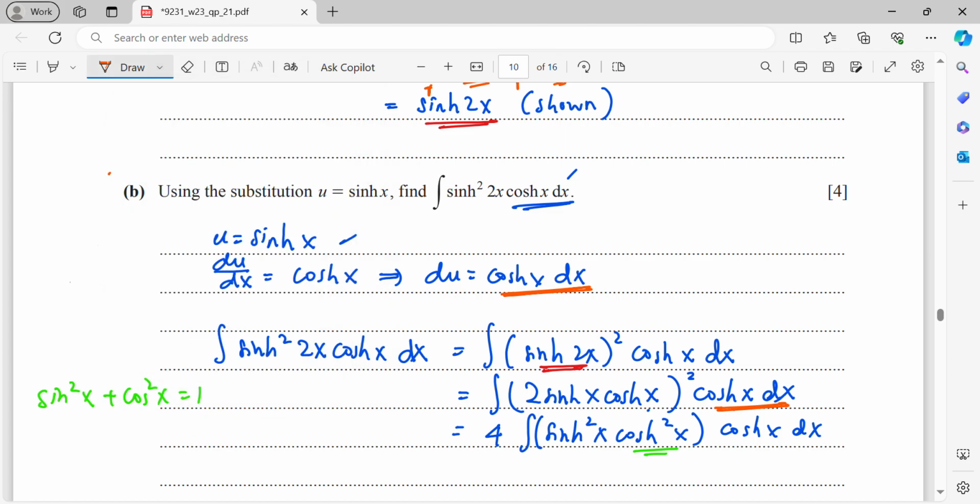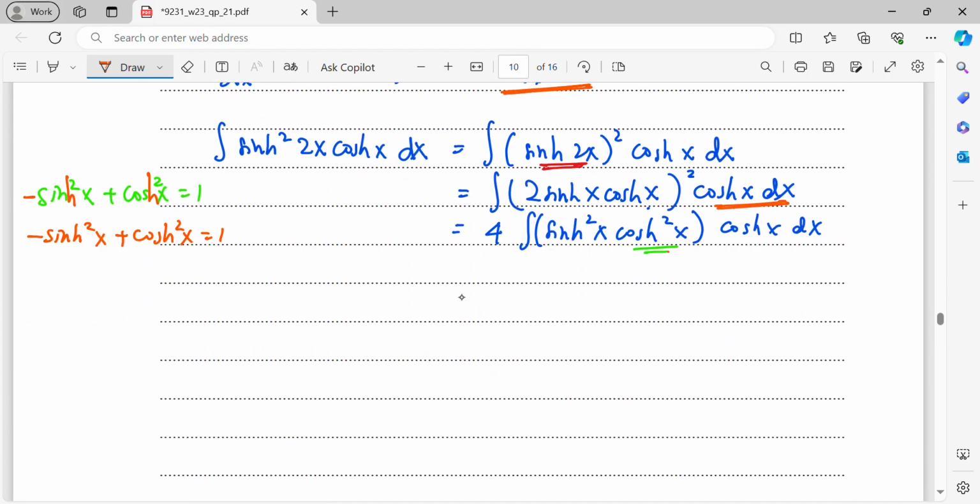If you convert it to hyperbolic, I add on the h here, and the sinh one will be negative. That is my new formula. This is my hyperbolic identity. And now I need to get what is my cosh squared x. So this negative sinh squared x will be moved to the other side. That means cosh squared x is 1 plus sinh squared x.